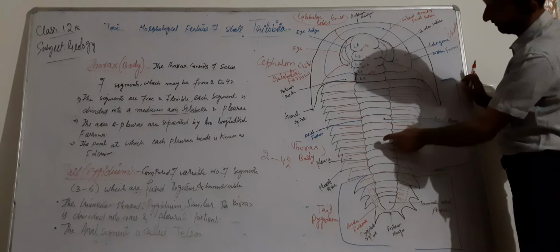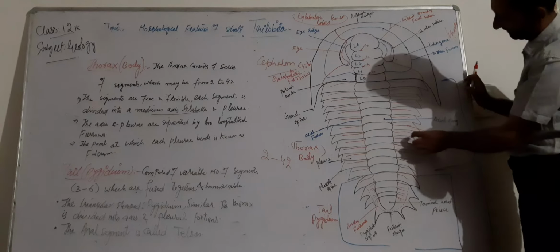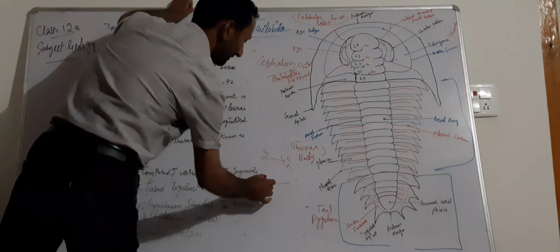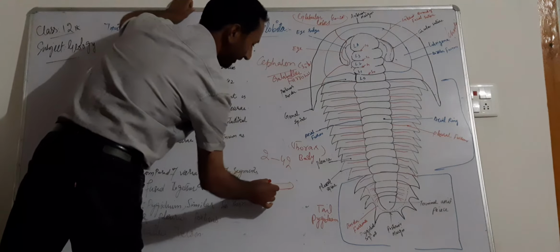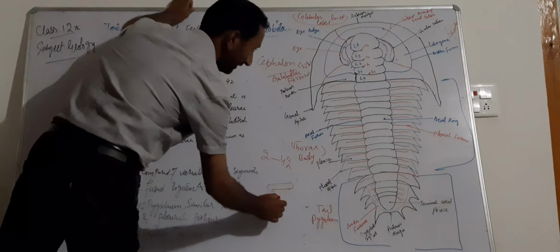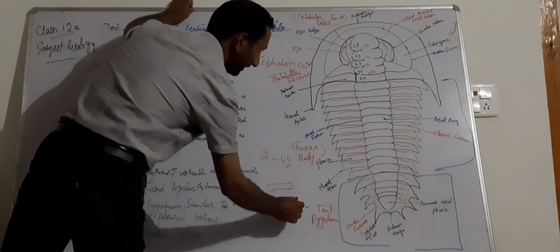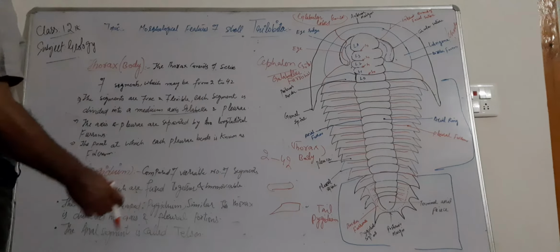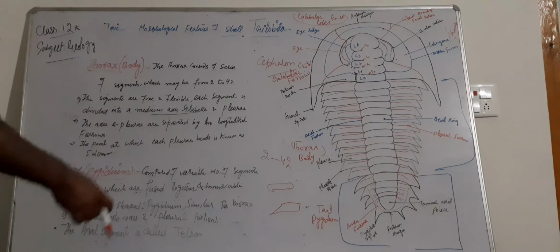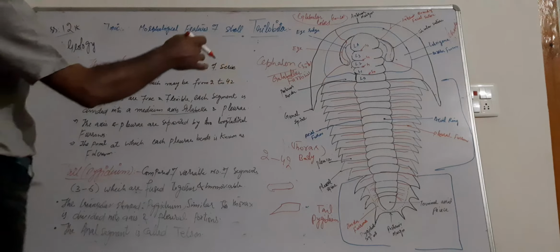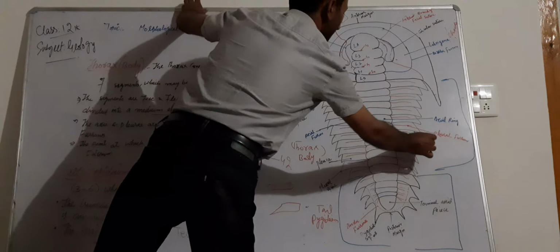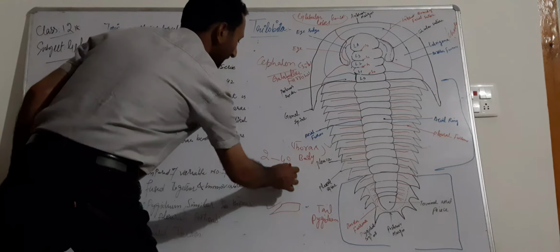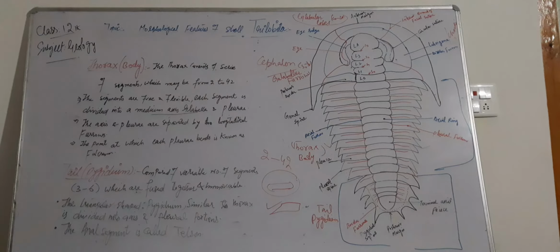These ones are the median axial lobes, as you see in this figure, while these shaped ones are the side lobes, or we can say the lateral sides. These are the 2 types of lobes: these are pleural lobes and these are axial lobes.